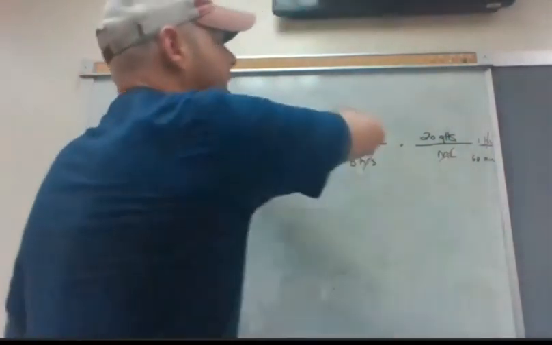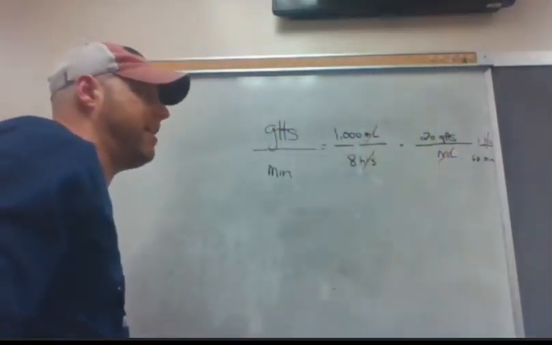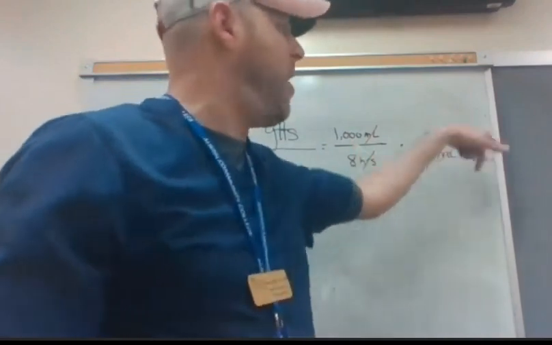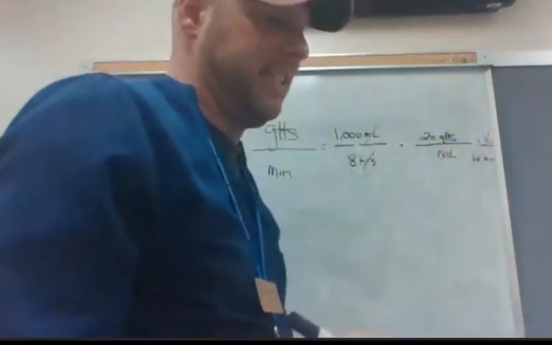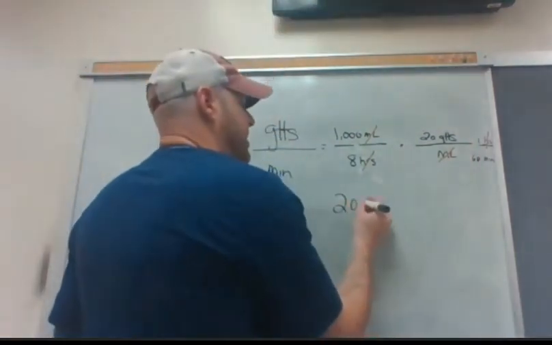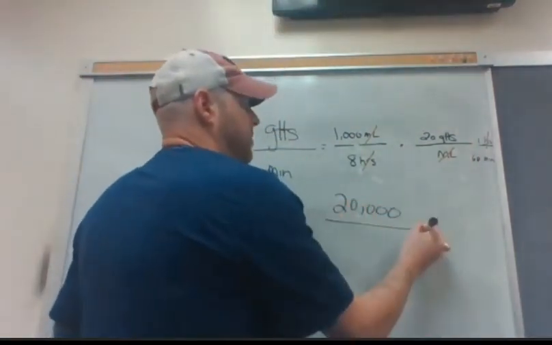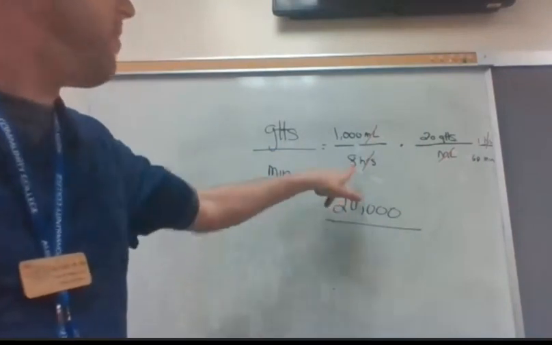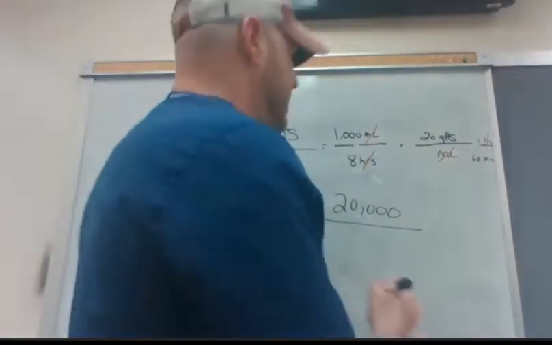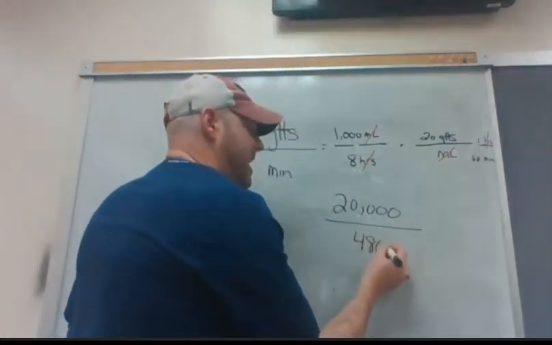So I'm going to take the top and go left to right, which is my numerator. 1,000 times 20 times 1, or 1,000 times 20 is 20,000. I need my denominator, which is left to right, 8 times 60, and that is 480.